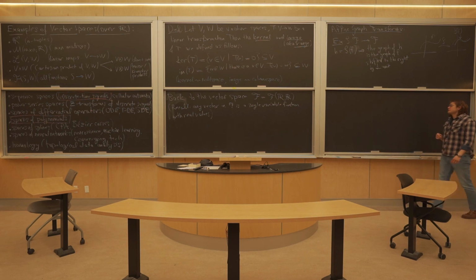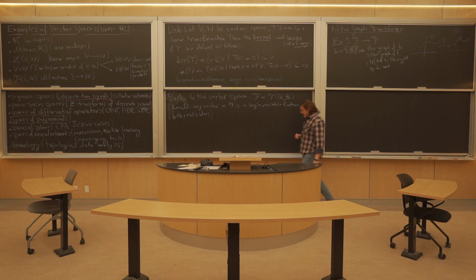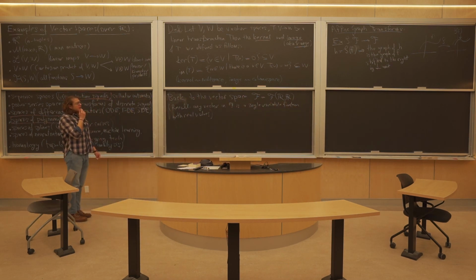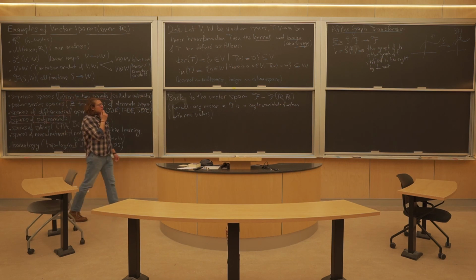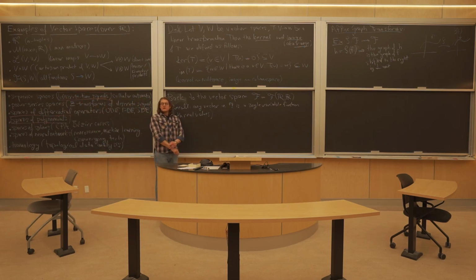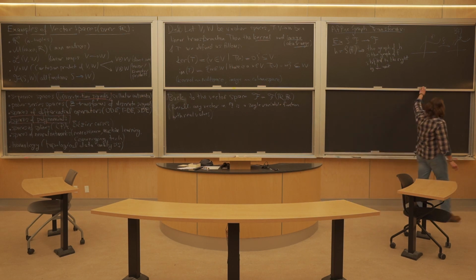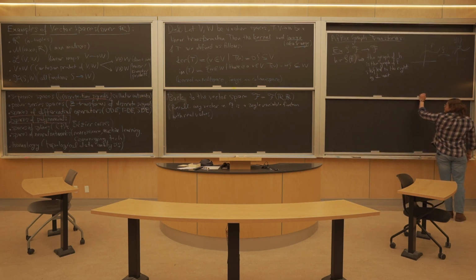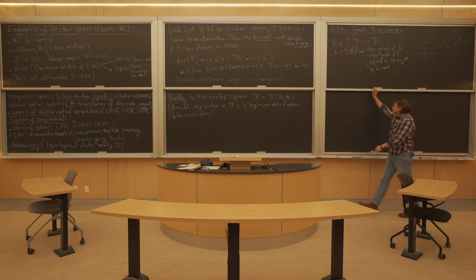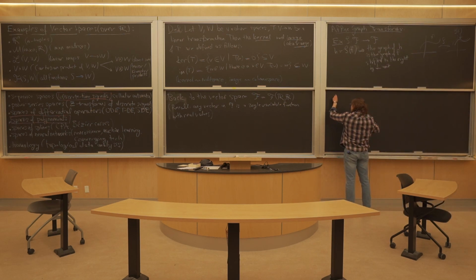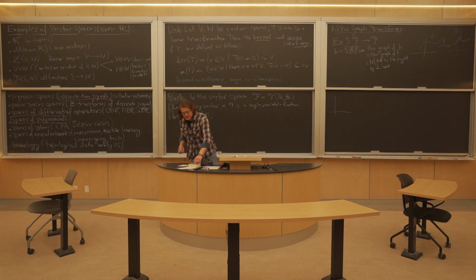Now, how can I be more explicit? So, this is a nice description. But how can I be more explicit as to what this S does, really? So how can I write h in terms of f? Any ideas? Maybe I should give another example. So for instance, if I were to start with this function, let's say that originally my function looks like this.